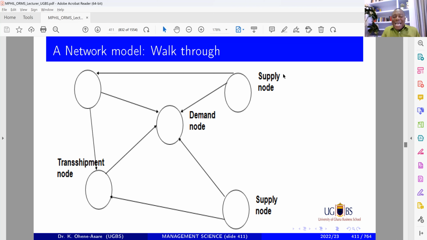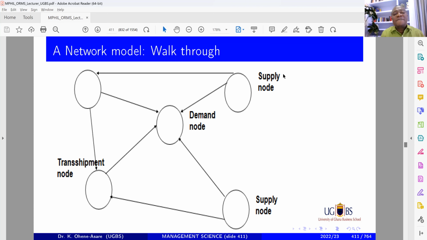Okay, it supplies and demands at the same time, but does not have the item. A transshipment node supplies after it's demanded, and so the item is not in the transshipment node.